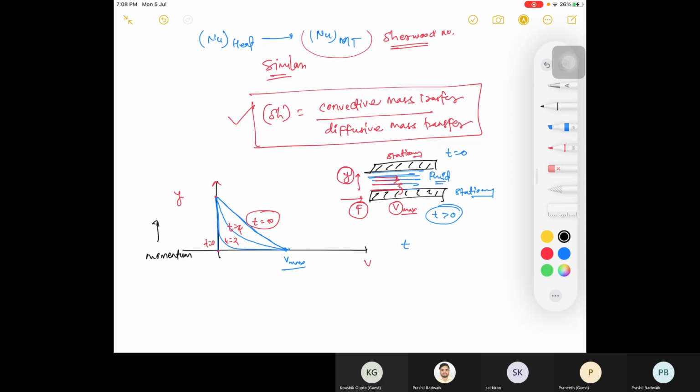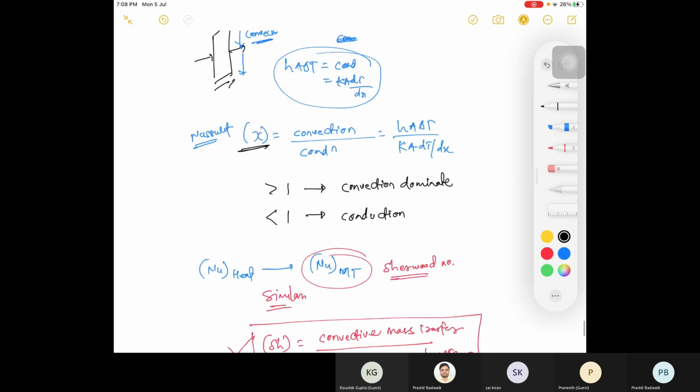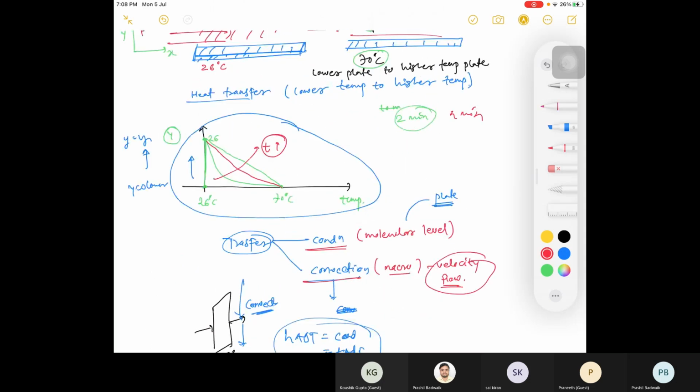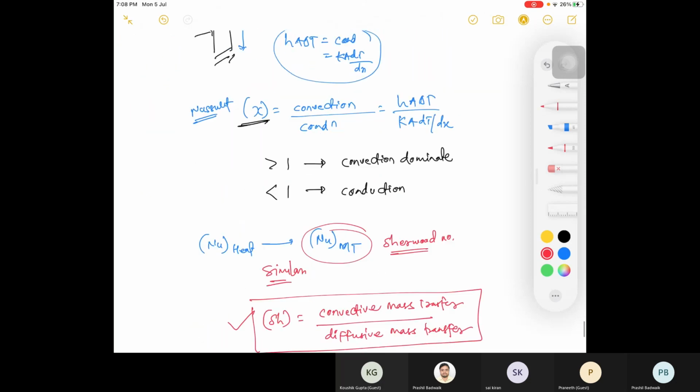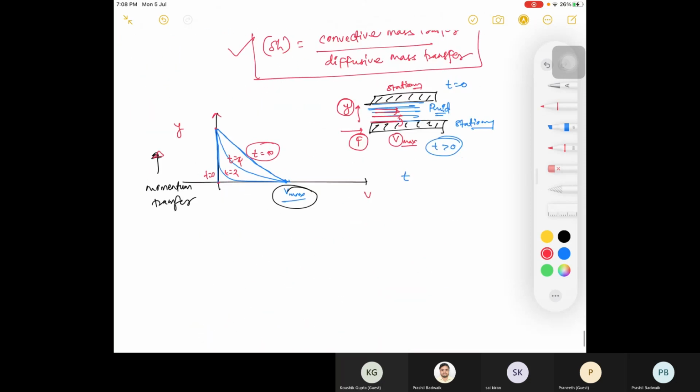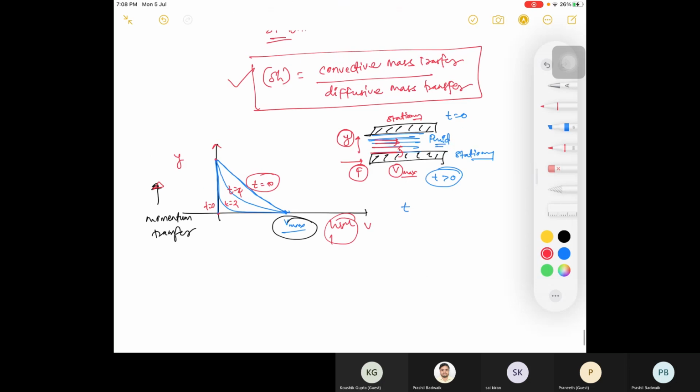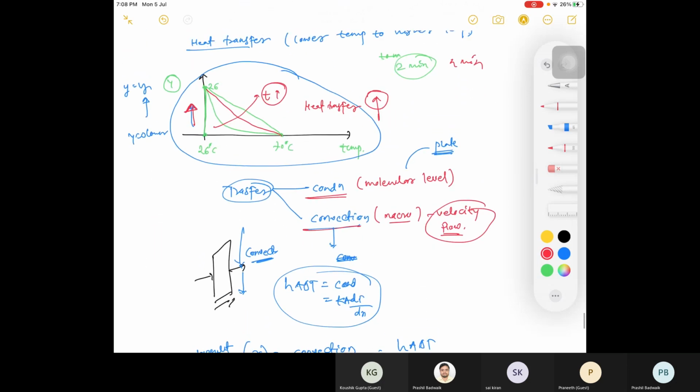So this kind of phenomenon is called your momentum transfer. Your momentum at lower plate is transferring in upward direction. Momentum transfer, right? Here, the direction of heat transfer, anyone? Heat transfer is from higher temperature to lower temperature.